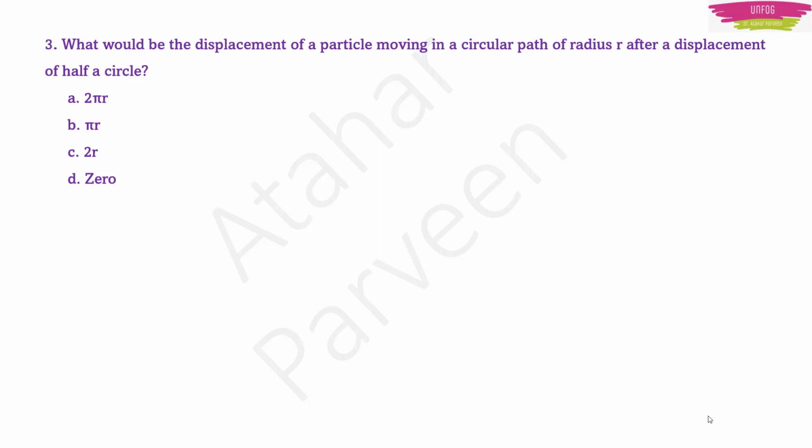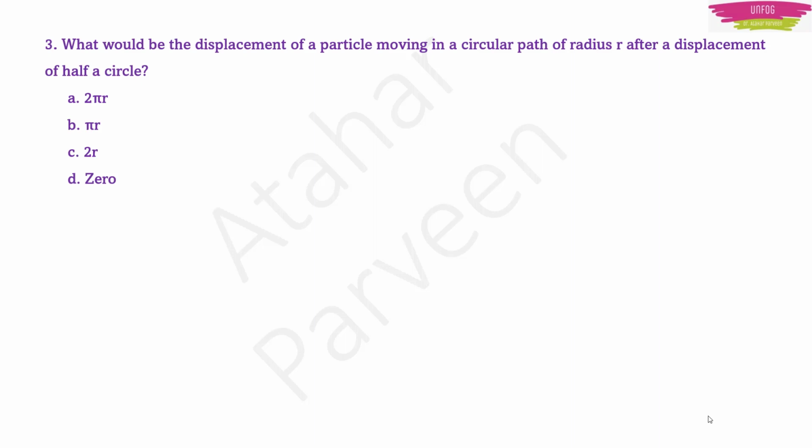If the body is having displacement for half a circle, at that time we will measure the radius of the circle two times, because from the center till one point we will go, and again from the center till the other point we will go.